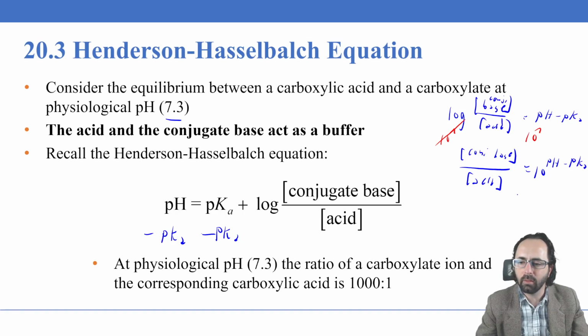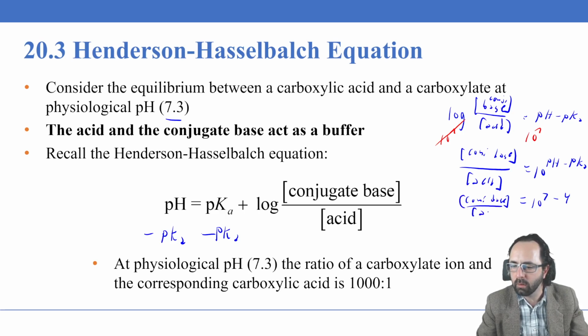So if the pH is 7 and the pKa is 5-ish, or 4-ish, let's say 4 to 5, but we'll go with 4, the ratio of the conjugate base to the acid concentration is going to be 10 to the 7 minus 4. That's going to be 10 to the third power.